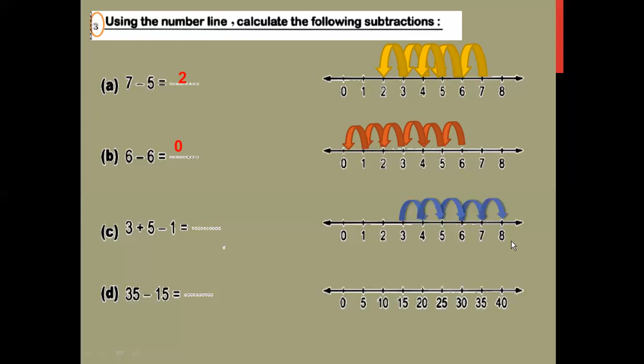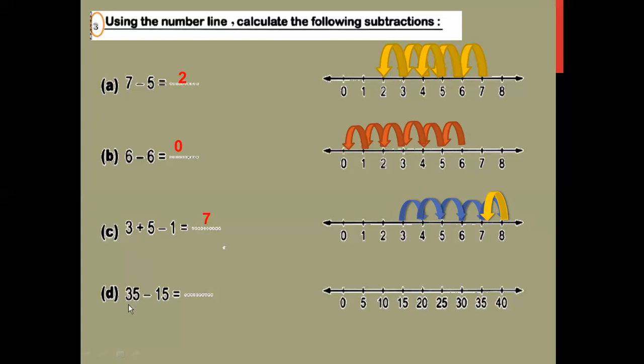I will get 8. If I subtract 1 from 8, it means that I will make backward 1 step. 8 backward 1 step will be 7. So the result in here will be 7.